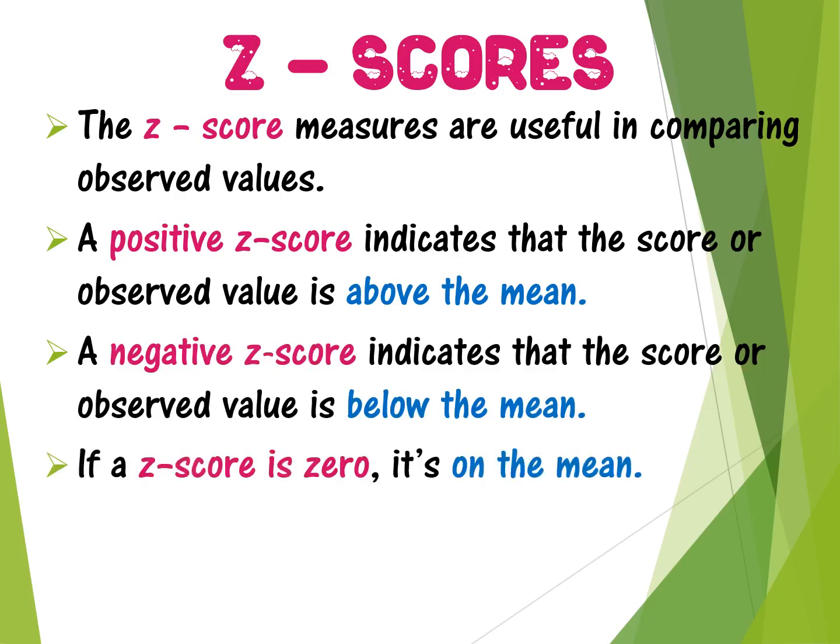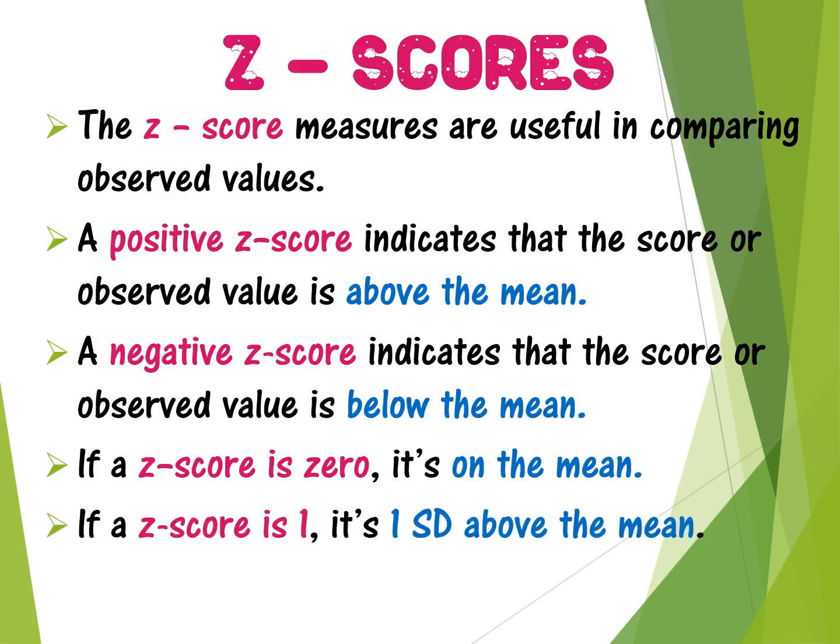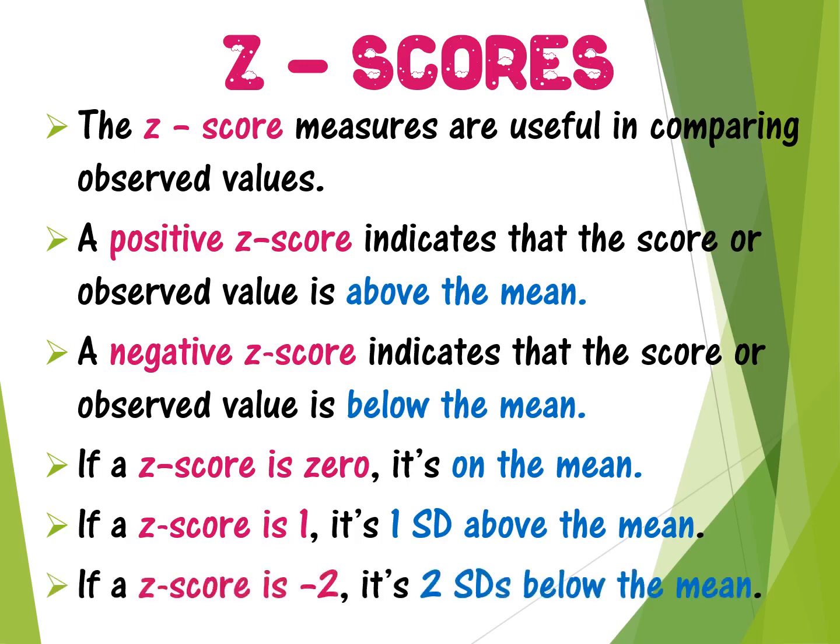When the Z-score is exactly 0, your raw score is on the mean. Thus, a score that is one standard deviation above the mean will have a Z-score of positive 1. And a Z-score of negative 2 always indicates a location below the mean by 2 standard deviations. So that is how you interpret a Z-score. I hope that is clear.